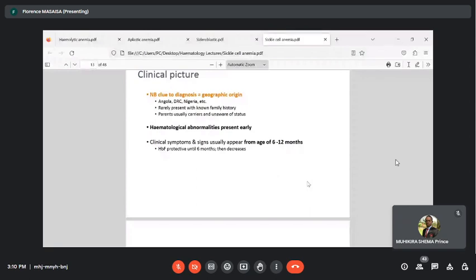Hematologic abnormalities are present early, especially starting from the age of 6 to 12 months. Why? It's because from the age of 6 to 12 months, the fetal hemoglobin starts to decrease. From 0 to 6 months, there is protection from the fetal hemoglobin.